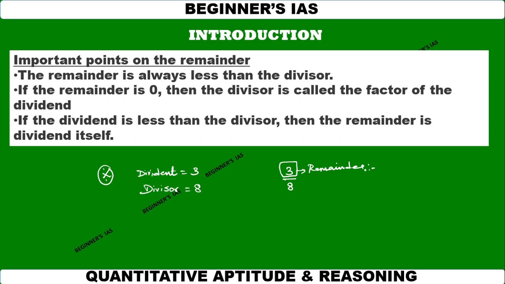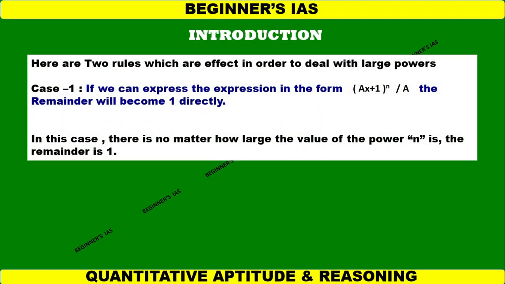After this, let us move on to a simple problem. Before solving a problem, understanding this method is very important. This method will help you solve a problem in a quick manner. Here there are two rules which are effective in order to deal with large powers.